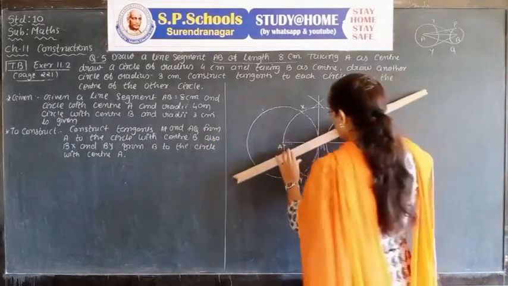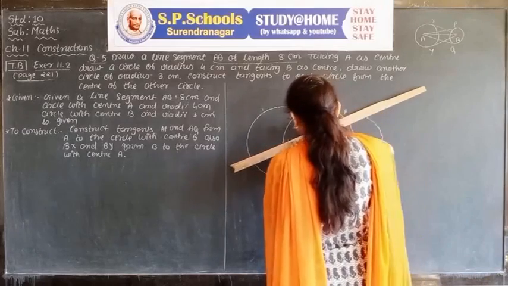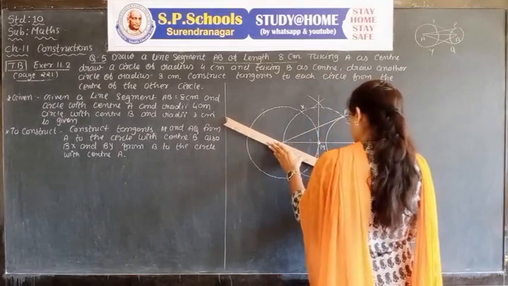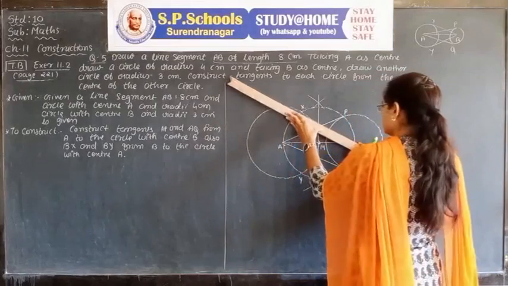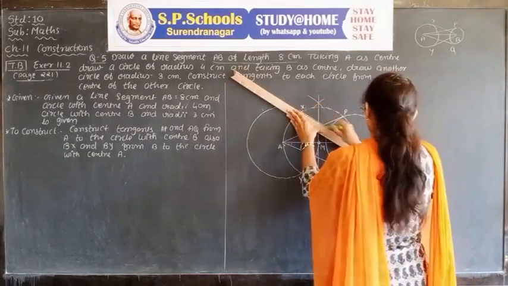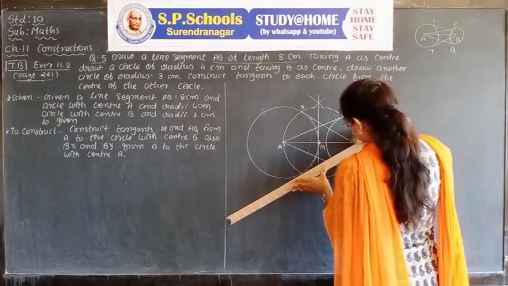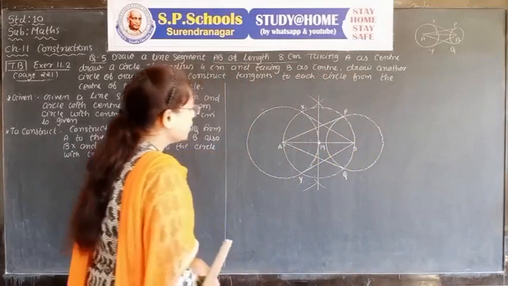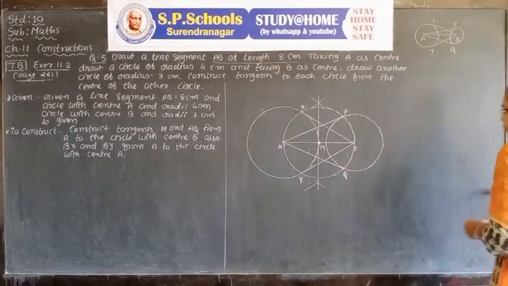Join A to P and A to Q, B to X and B to Y. Here AP, AQ, BX and BY are the required tangents to the circles.